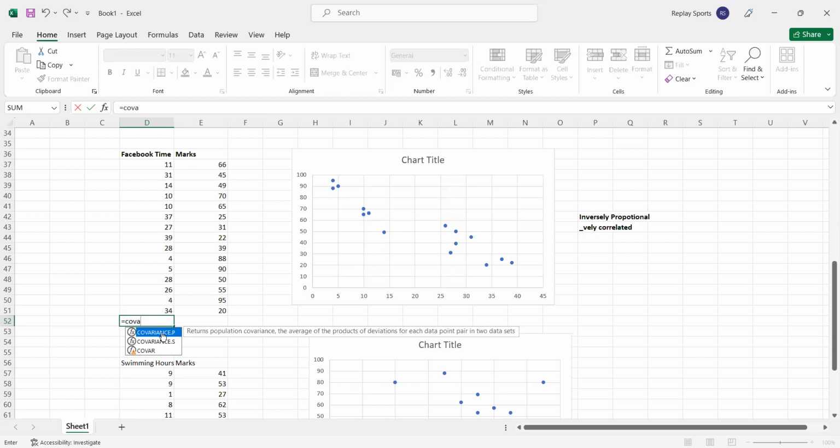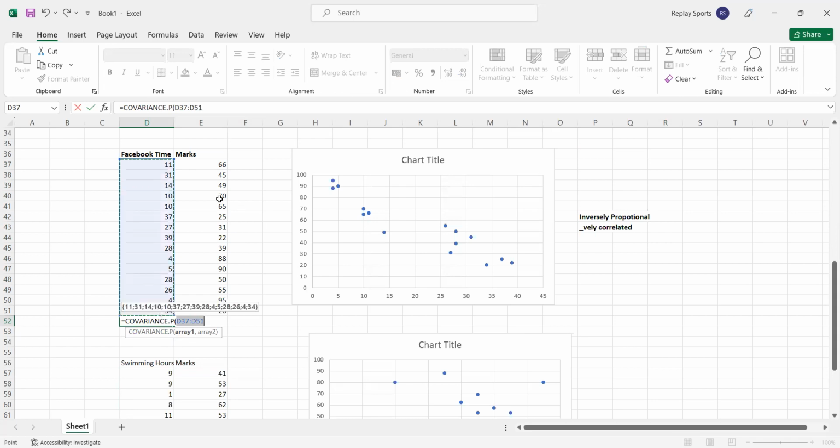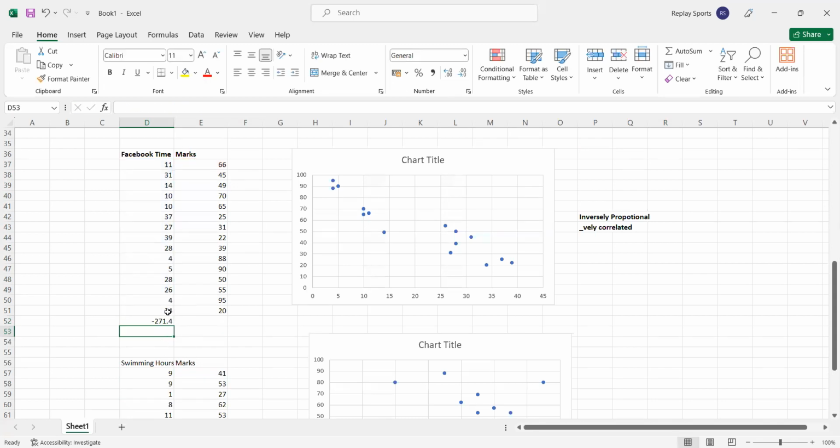In this case, ours is population, right? So array 1 is this one, comma, array 2.